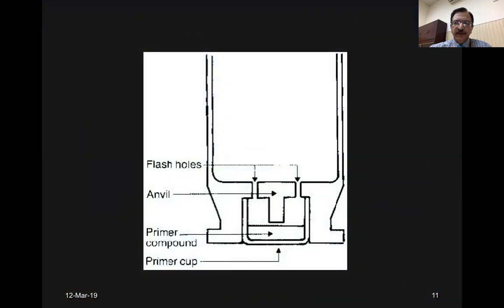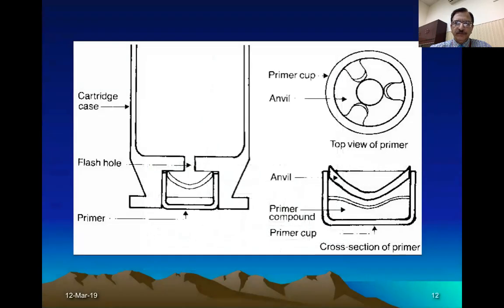This is the base where the primer cap is, where the firing pin strikes. These are various diagrams showing the base where the primer cap is, where the firing pin strikes, the anvil is lifted up, and from the flash hole the flame enters into the main cartridge case where the main gunpowder is, and it is ignited, which causes a tremendous amount of energy.